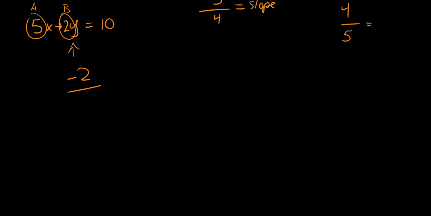But for the sake of simplicity, we made it positive. So negative 2 over 5, B over the A value, is our slope. And the y-intercept would be the value of C over the value of B. So that would be 10 over 2, which is 5, our y-intercept.